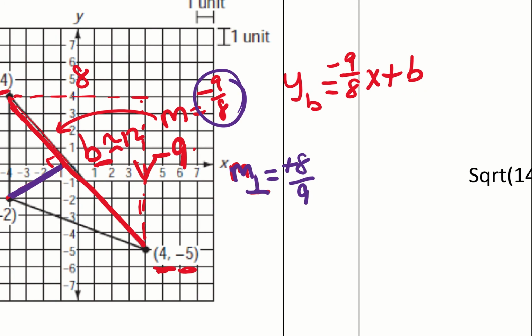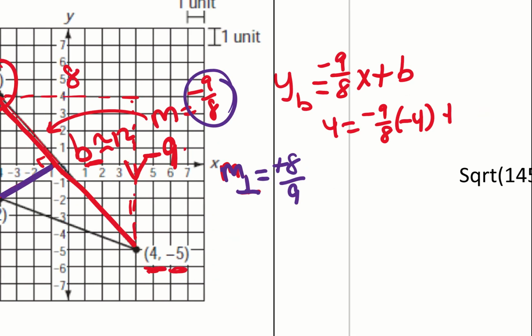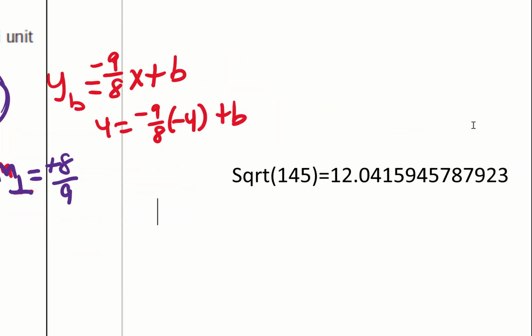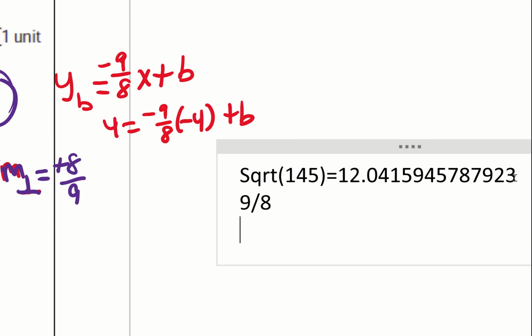All right, so we're going to pick one of these coordinates. Let's choose this coordinate to plug in for x and y. So y is 4 and x is -4. And that'll help us find b. Again, I'm going to stick to decimals here. That'll make this simpler. Okay, so I know that 9/8 is equal to 1.125.